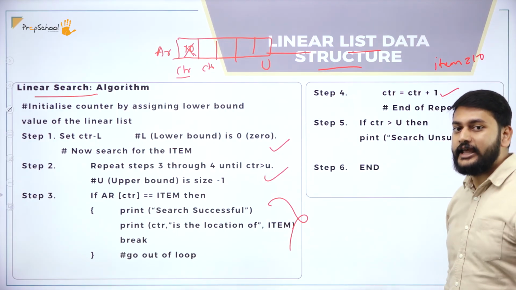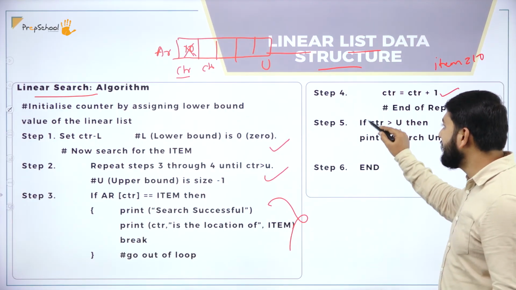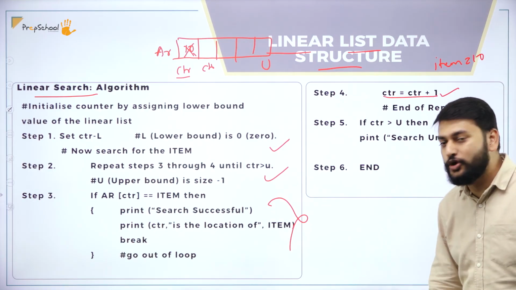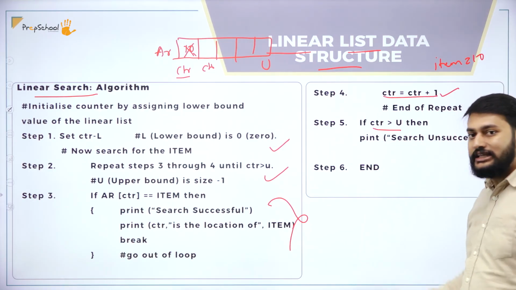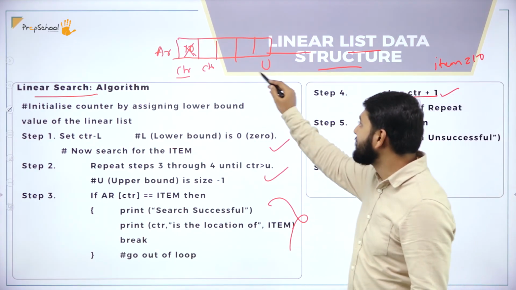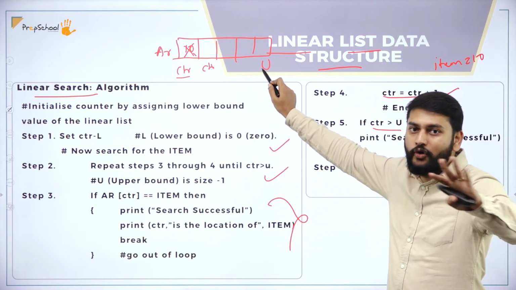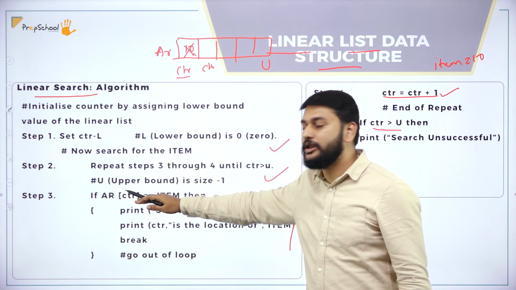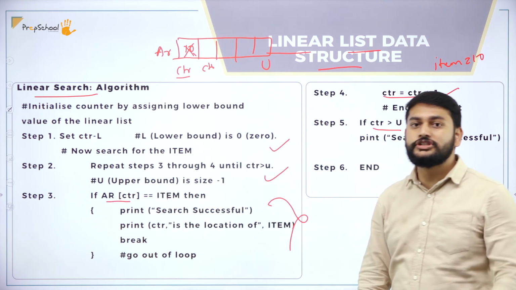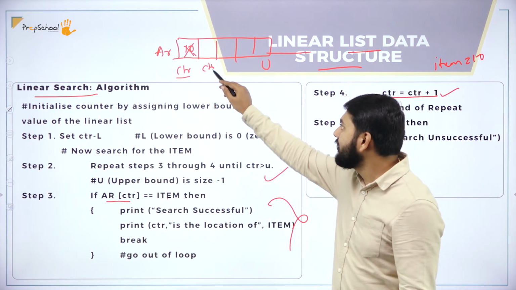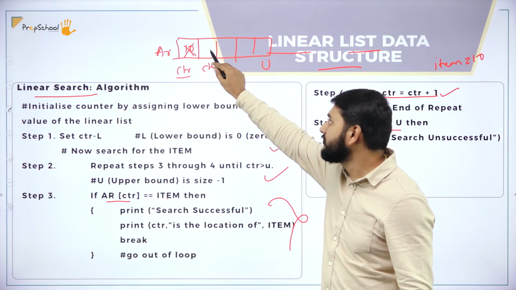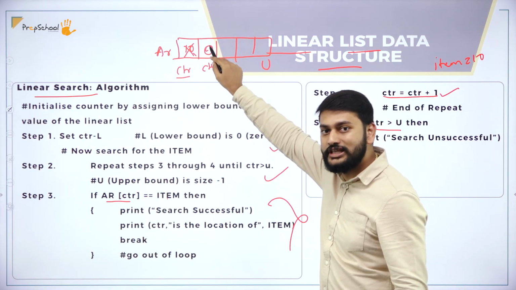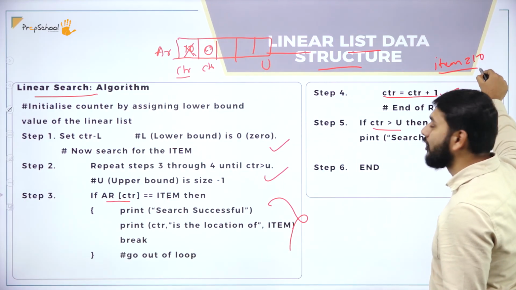Once this statement is executed, it will compare: is CTR greater than upper bound? No, it is not. Then again the comparison will happen: is the data here equal to item or not?